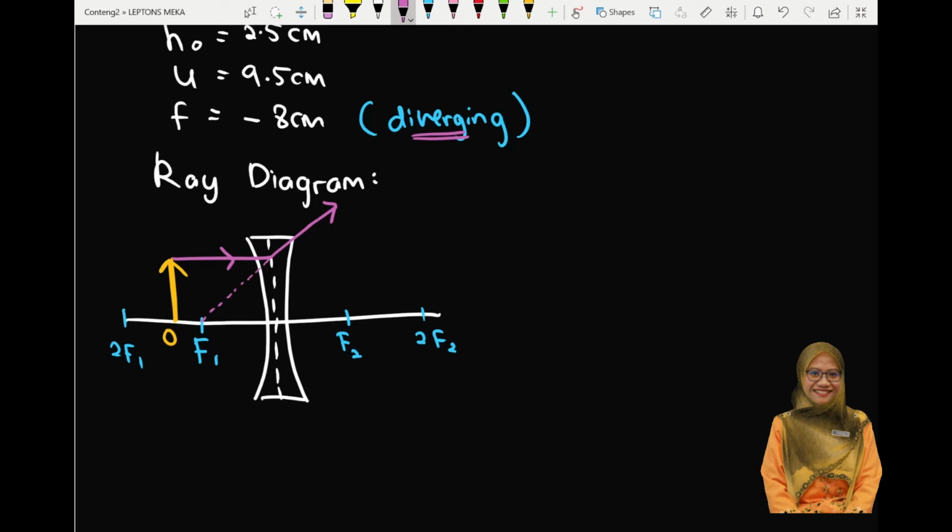Okay, that settles the first ray. And then for the second ray, I use the center of the lens.